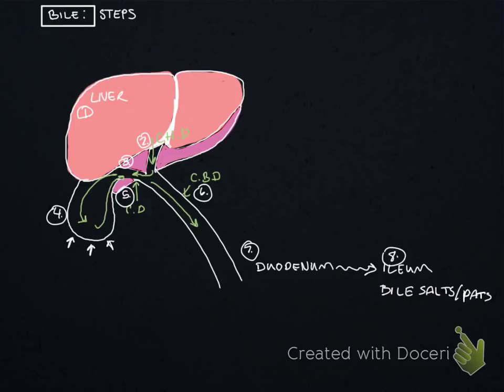Well, the fats get absorbed, but these bile salts will make their way back to the liver, where they are recycled and reused to make more bile. So that will be number 9. Okay, so the fats are absorbed, but the bile salts are recycled and sent back to the liver, where they can be reused to make more bile. All right, so those are the steps in which bile is made and then used in the duodenum.